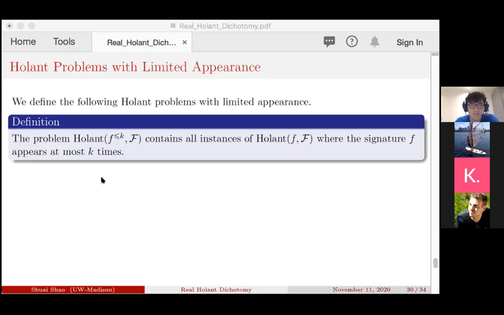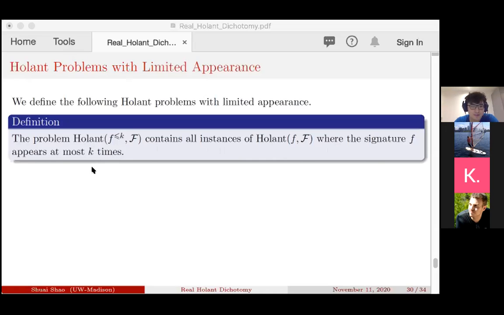The Holant problem, specified by the signature set script F together with this small f with limited times k, contains all instances of the original Holant problem where the signature appears at most k times. So in this problem, we limit the appearance of this signature f to k times.